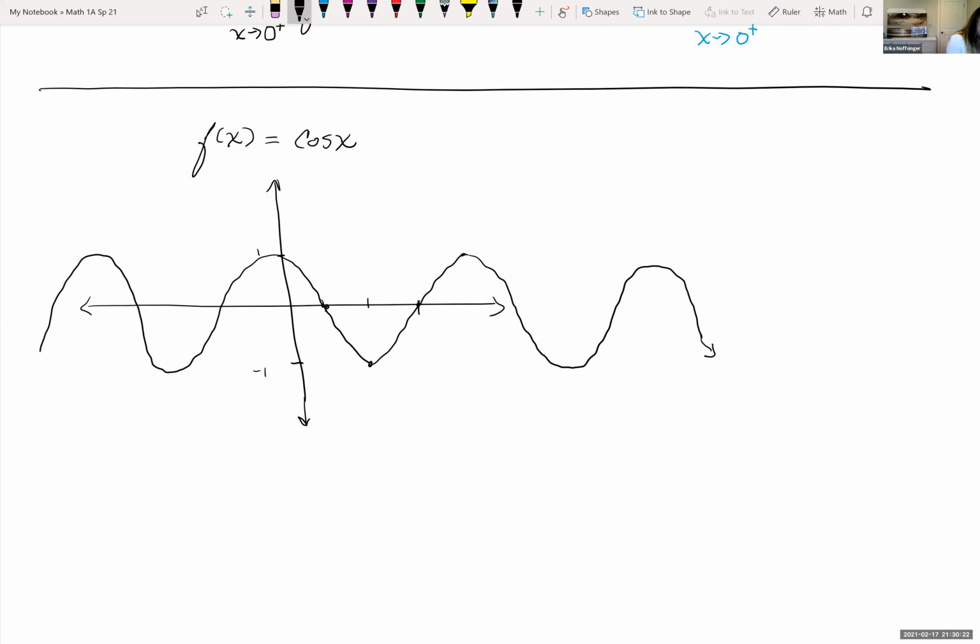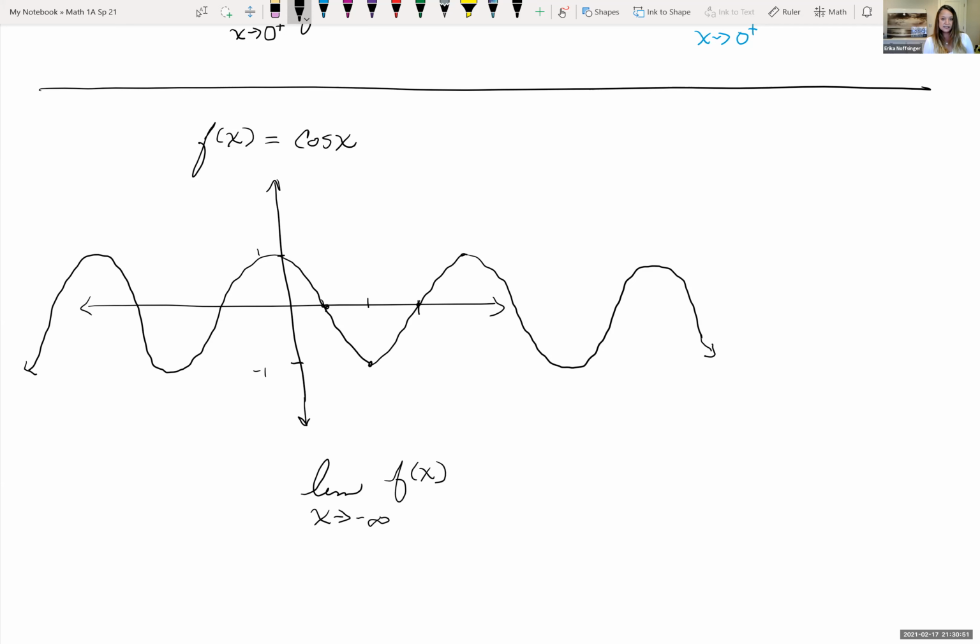So does the limit as x goes to negative infinity of cosine of x exist? With polynomials, even though the limit didn't exist as x went to positive or negative infinity, we could tell what it was going towards: shooting up to positive infinity or down to negative infinity.